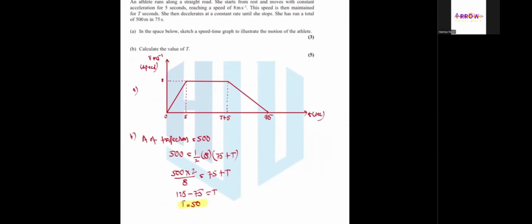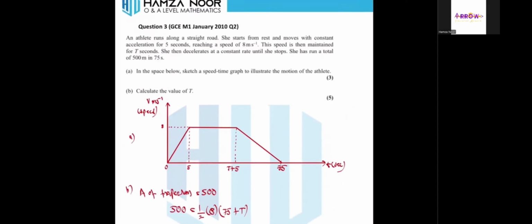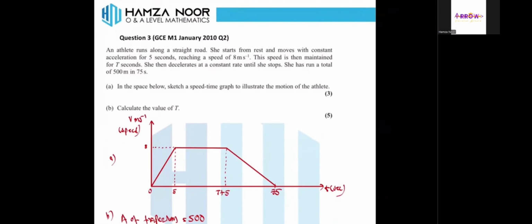In the last stage of the journey, the line would be flatter. Sometimes you need to pick up the common sense of the question, the basic understanding. But if you are not able to recognize this immediately, just hold on, wait for the next part, find the value of t, and then make the last stage of the journey.